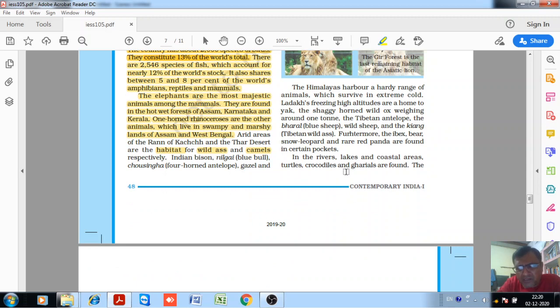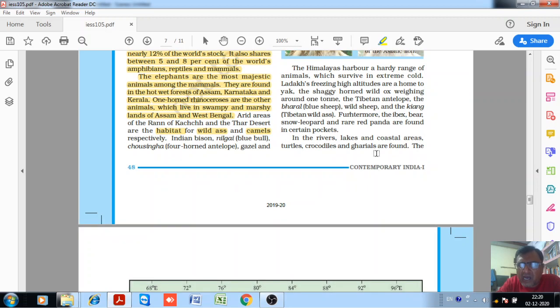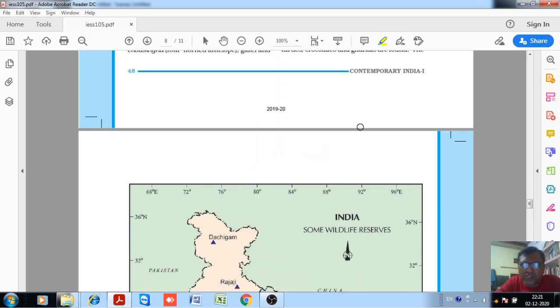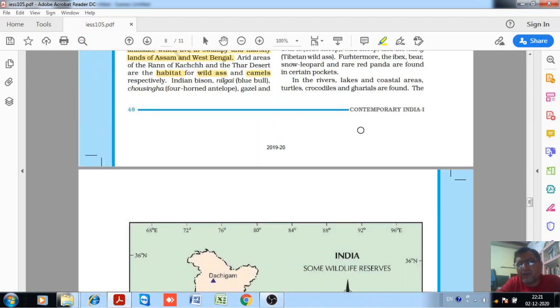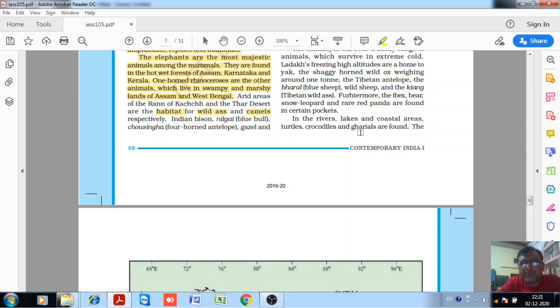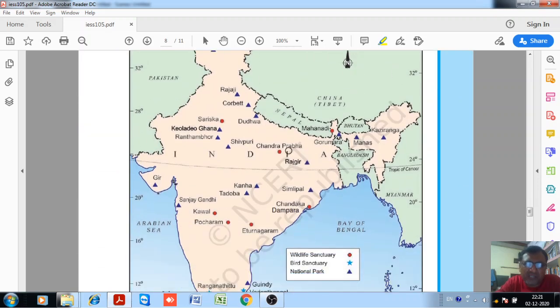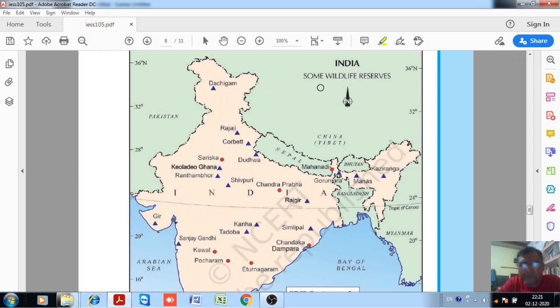Now in the rivers and lakes, the coastal areas, turtles, crocodiles, ghadials are also found. So now you are given a picture of India where different types of animals are found in different pockets, different corners of the country.